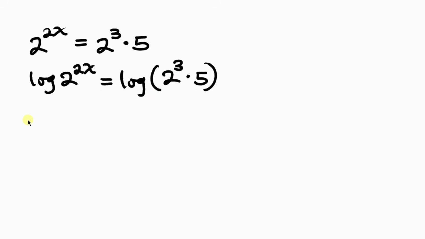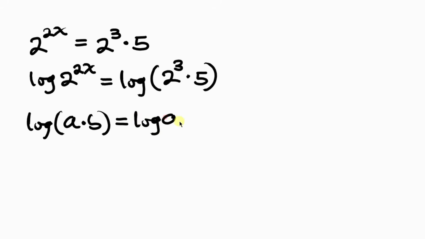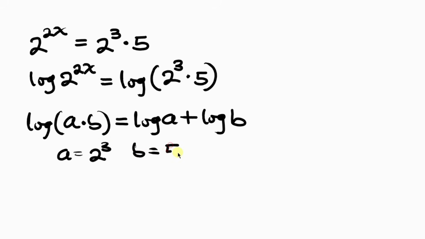The property of logarithm that says that when I have the log of a times b, this is equal to the log of a plus the log of b. Very good. Now when we compare, we can see that our a from here is the same as 2 to the power of 3, and then our b is the same as 5. So let's apply this property to what we have on the right hand side.